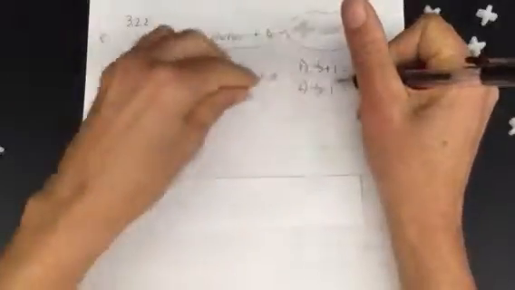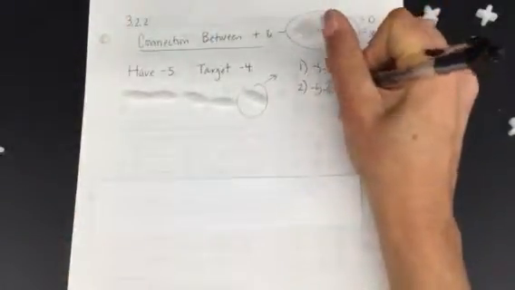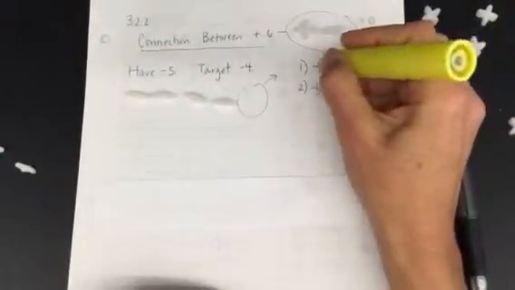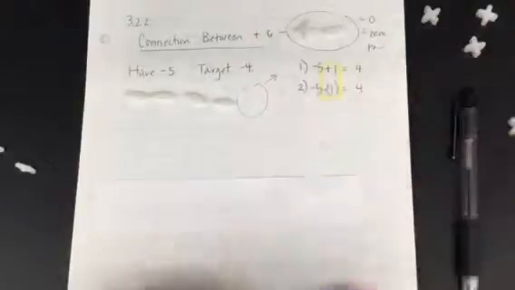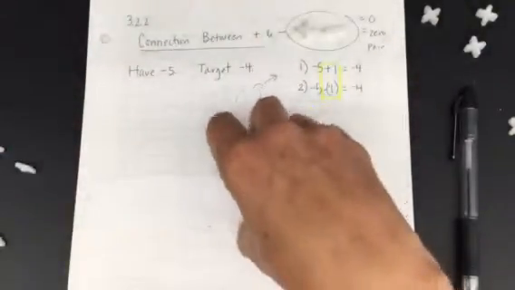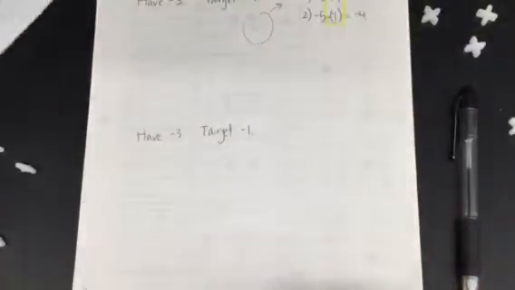I'm going to do that again. Take away a negative. We'll have to put a little parentheses to help distinguish that. Taking away a negative is the same as adding a positive. That looks a little weird, but it starts to make sense once you build it out. So we're going to do another one.